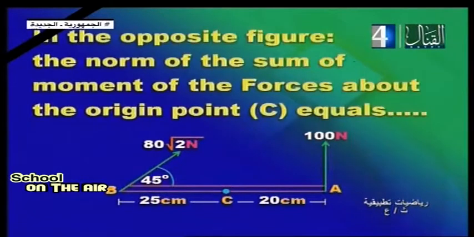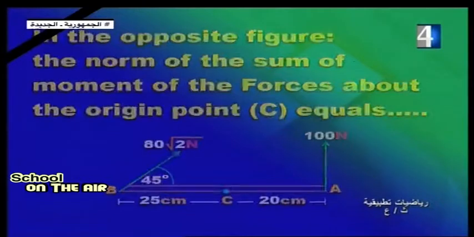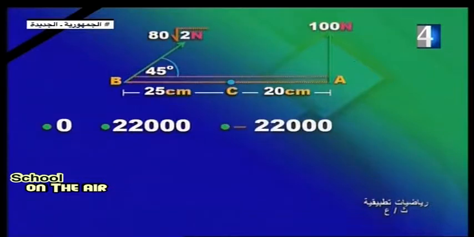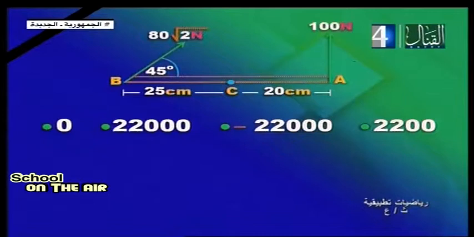Remember, my dear student, in this example, choose the correct answer for the moment about C from the four results: 0, 22,000, negative 22,000, 2,200.